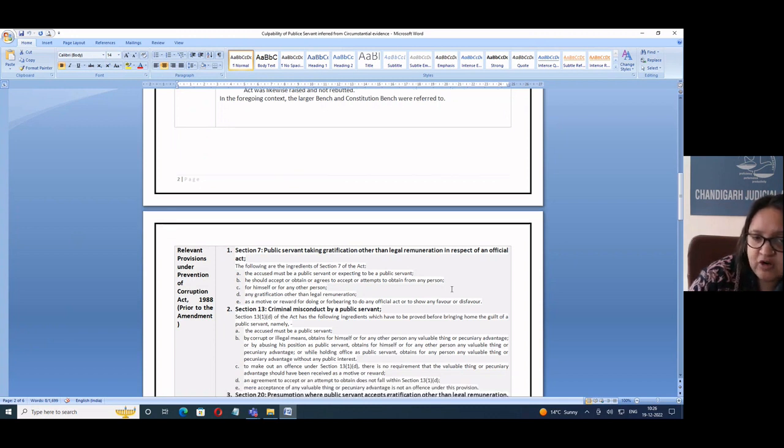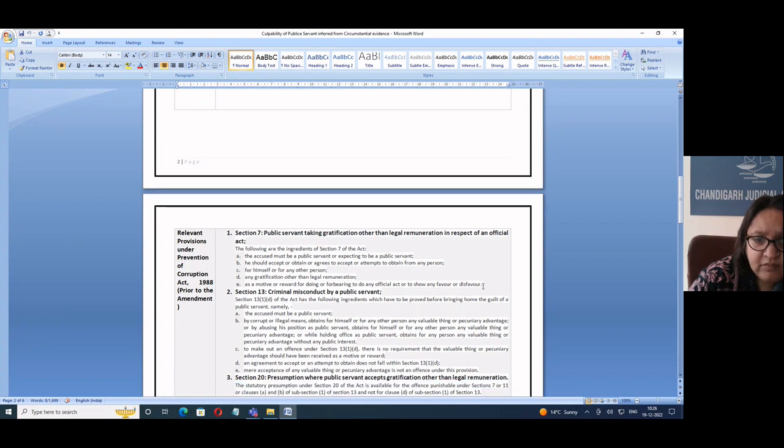He should accept or obtain, or agree to accept or attempt to obtain from any person, for himself or for any other person, any gratification other than legal remuneration as a motive or reward for doing or forbearing to do any official act or to show any favor or disfavor.